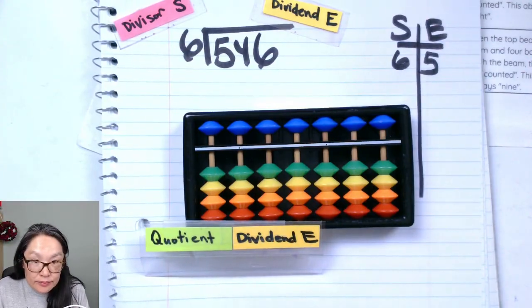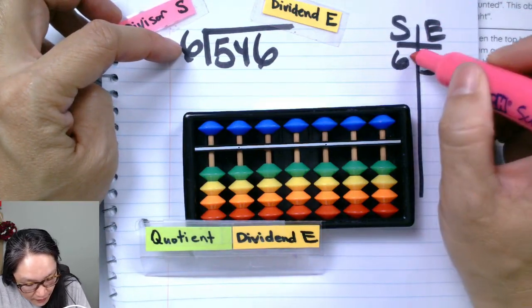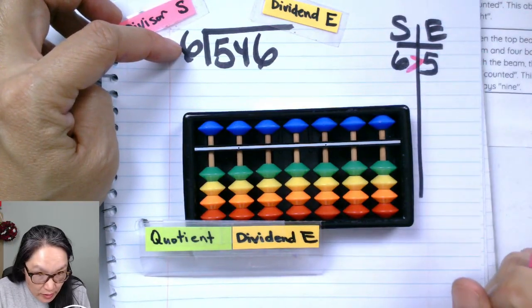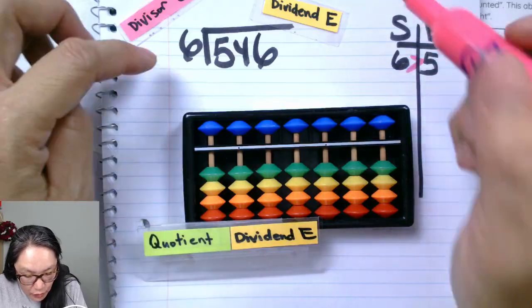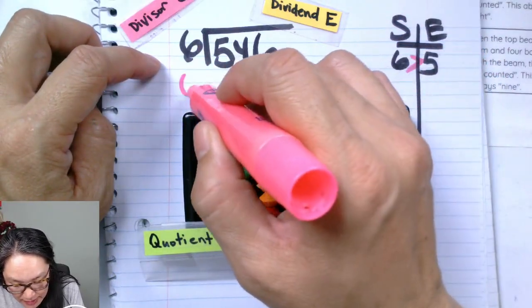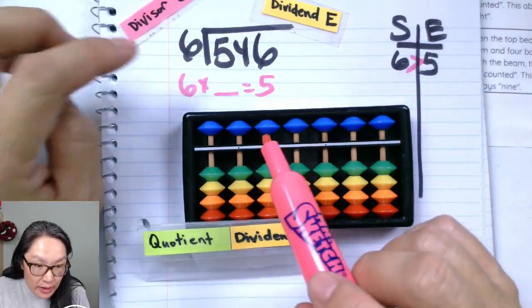Who is bigger? 6 or 5? 6 is bigger, yes. So if my 6 is bigger, my rule is, can I do 6 times what is equal to 5? Can I do that? No.